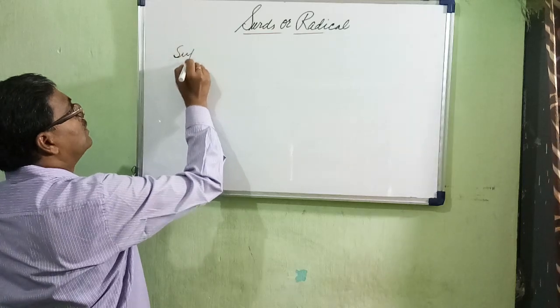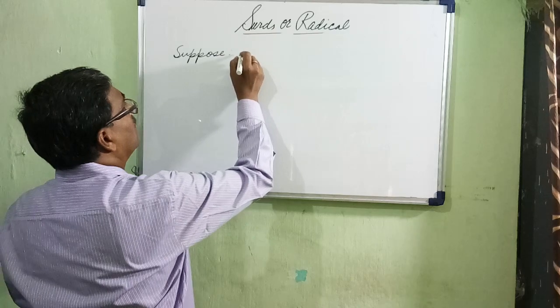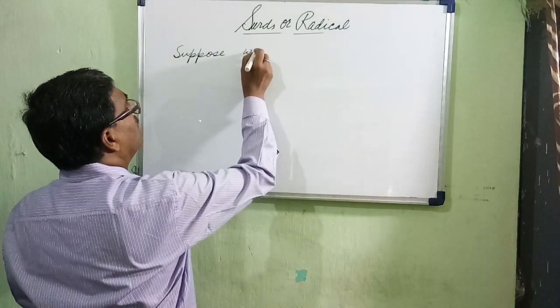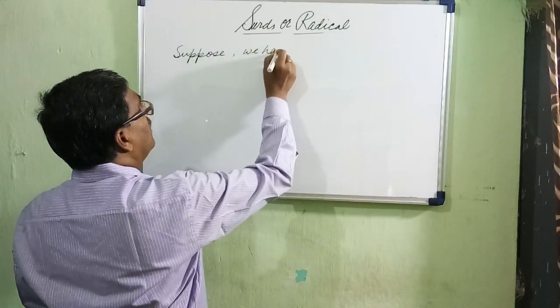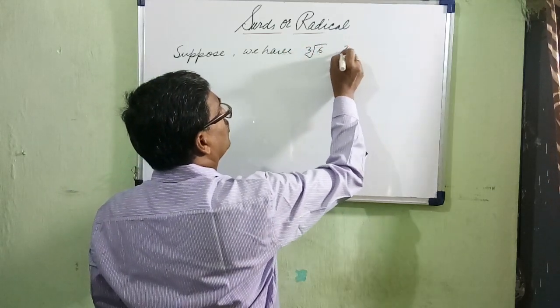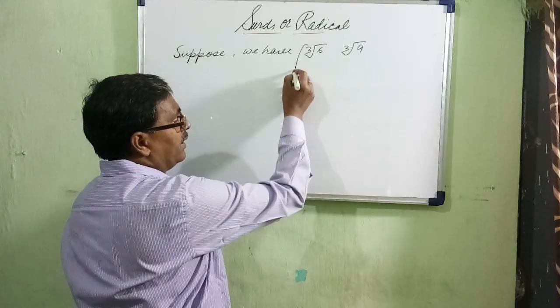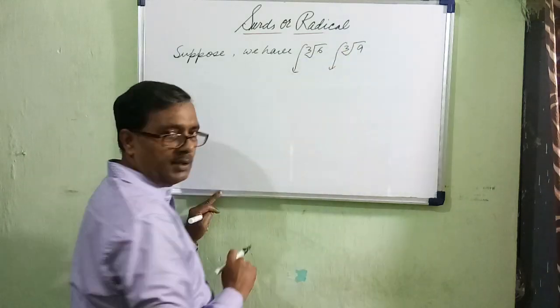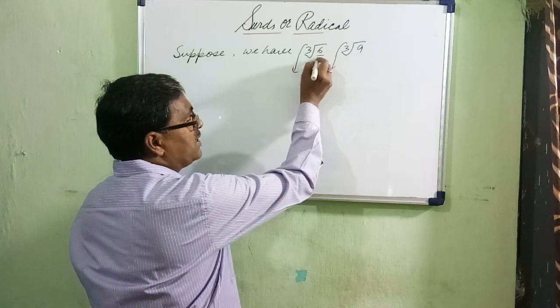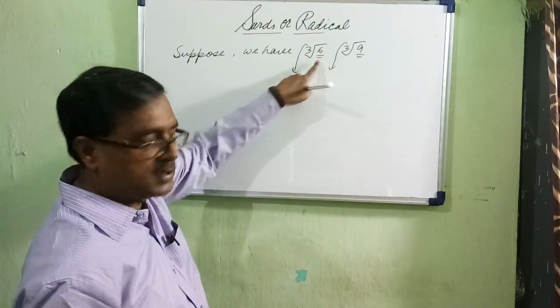Suppose we have cube root of 6 and cube root of 9. What is the order here? 3. Same. So which radicand is greater? 9 is greater than 6.